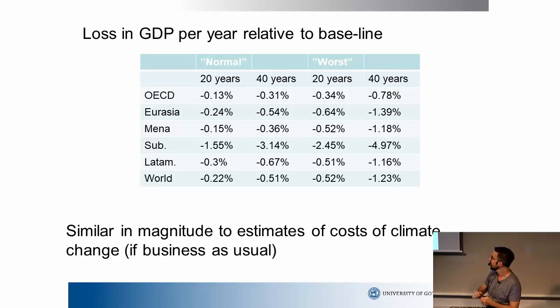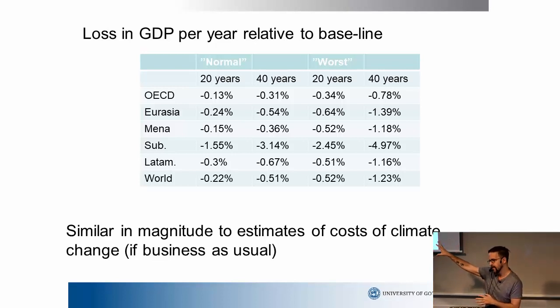Okay? And the costs, as you can see, range from a decrease in economic activity of around 0.1% to, I think the highest is around 3.14%. Okay? So this is decrease in economic activity due to increase in antibiotic resistance.